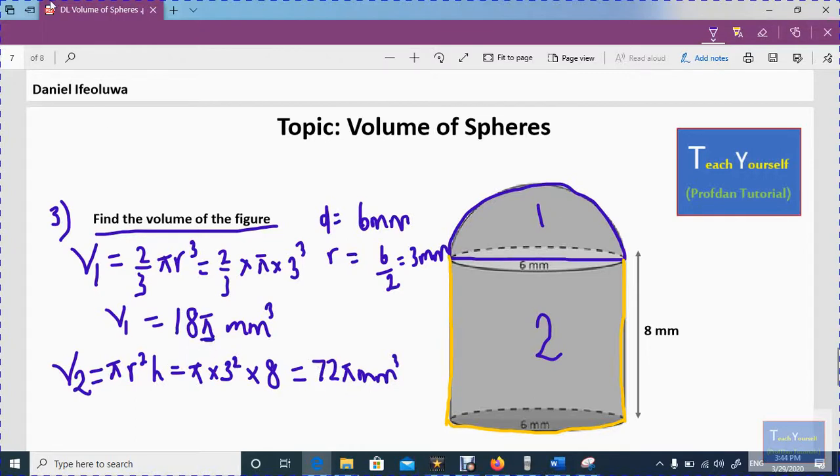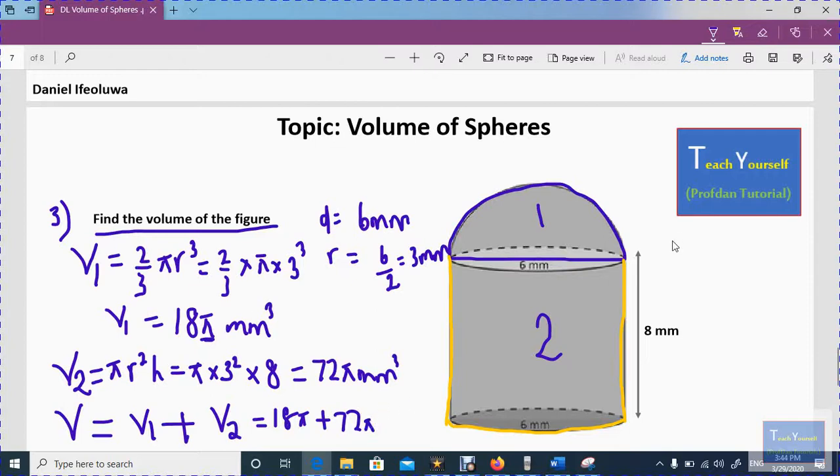So this is it. So the total volume of the figure is now that of 1 and 2. So your volume of the figure is V1 plus V2, which gives 18 pi plus 72 pi.